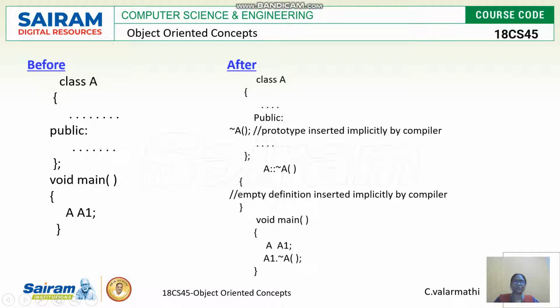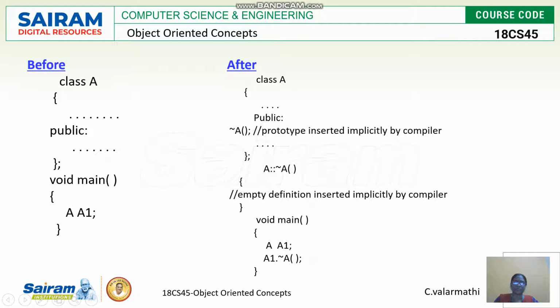Now we'll see one more example of how a destructor is called in C++ programming. The basic example is class A with some definitions in public. In void main, we are creating the object A1. With the destructor, class A has some definitions in public mode, and in the end a destructor is defined.